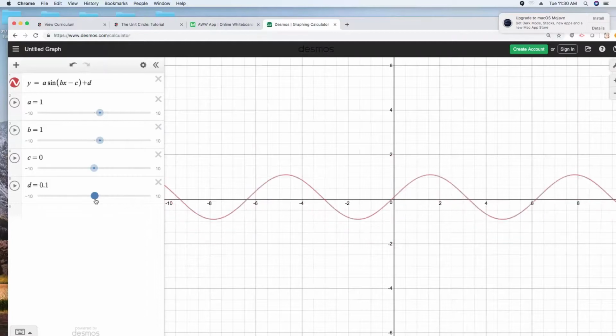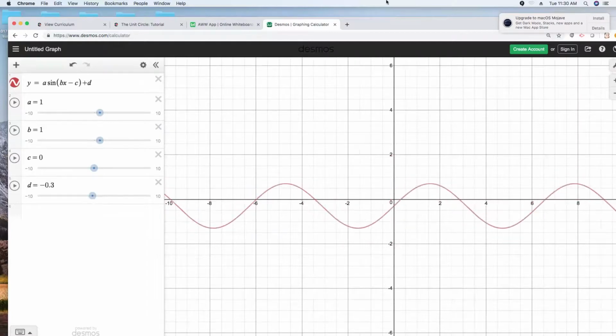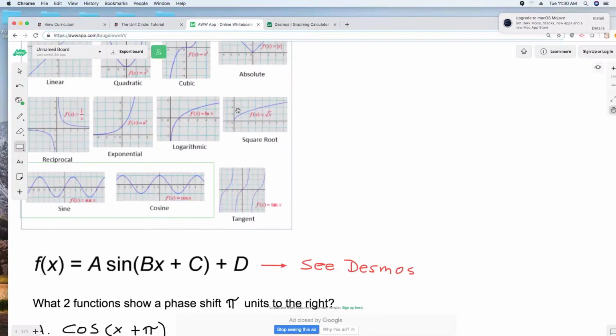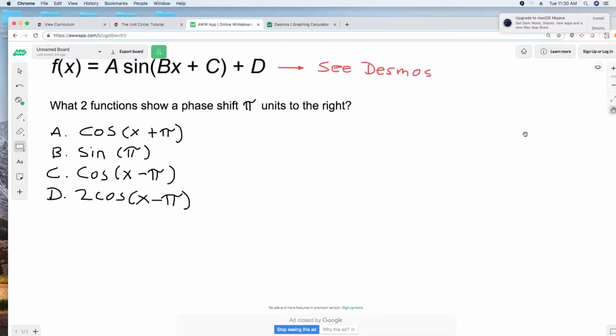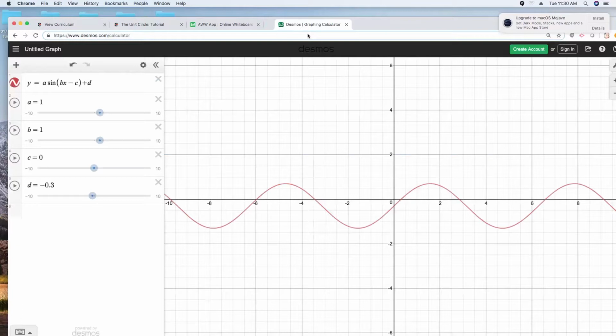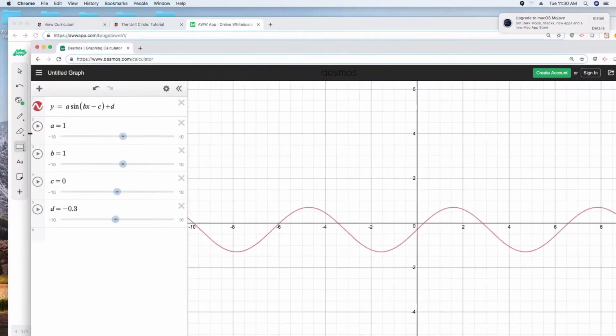Okay. All right, so let's look at a question right here. Let's say you get a question like this. What two functions show a phase shift pi units to the right?